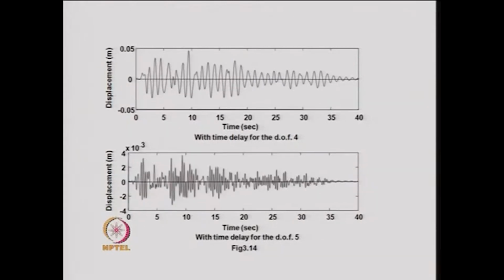Here the maximum value goes up to 0.048 or so. So, we see that with time delay the response is reduced. That is expected: whenever there is not a perfect correlation of the ground motion between the two supports, the displacement responses are generally decreased.